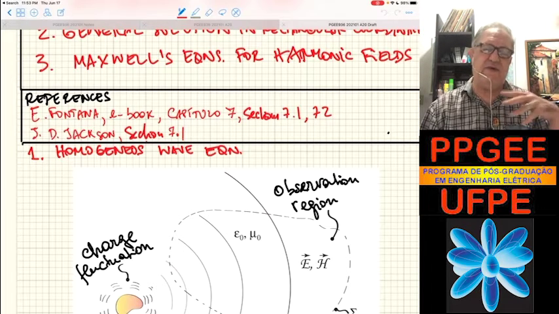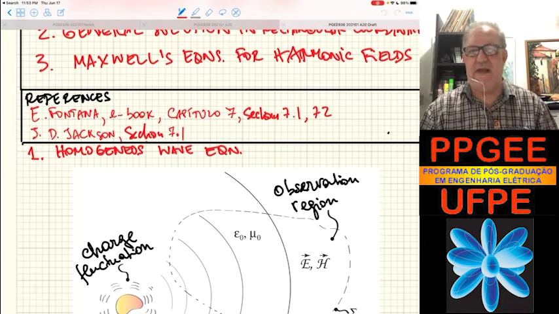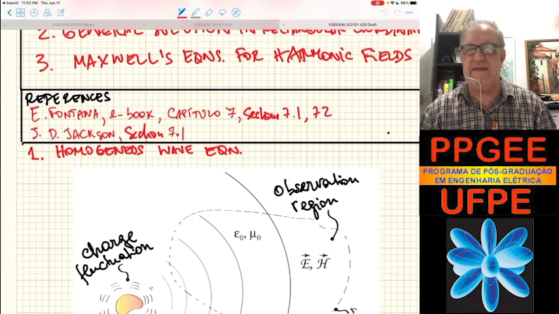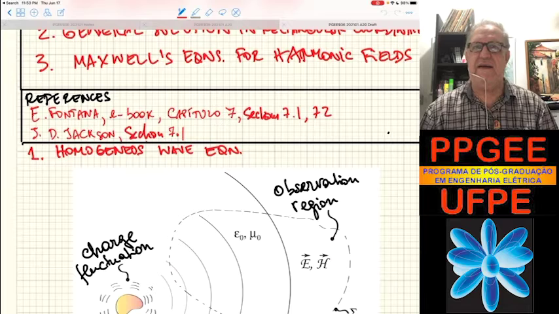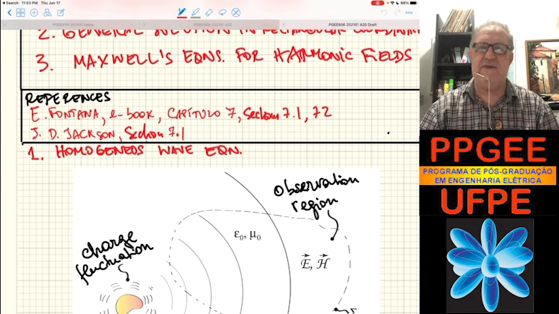If you have accelerating frames, that's even more complex physics, in which you have to deal with general relativity, and then the velocity of light is not a very well-defined thing. For instance, when you start coupling gravity with light, a gravitational field may bend light, so massive objects might deflect light.